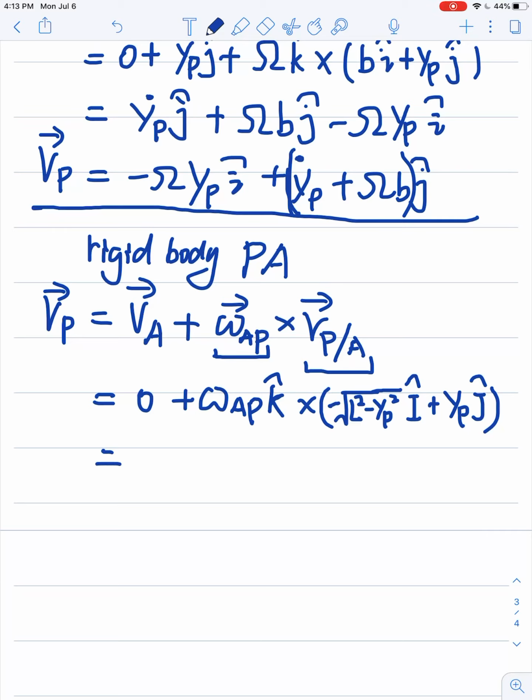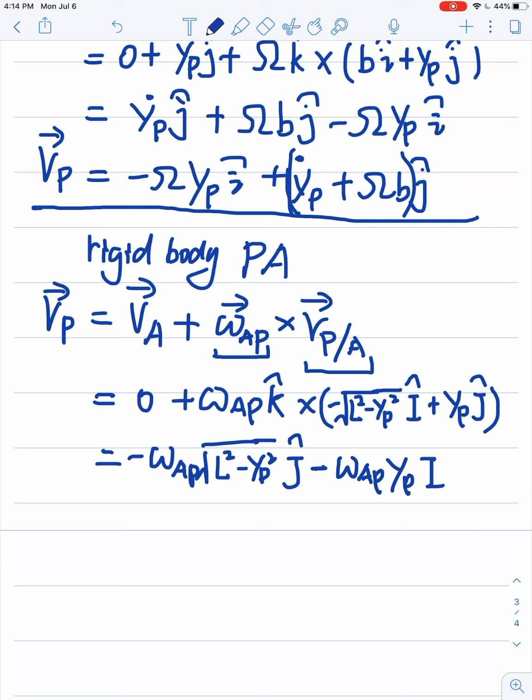All right, let's keep working on this. Let's do the cross product. K cross I gives you positive J, so here we end up with omega AP times square root of L squared minus YP squared, and that's our big J. For the second term, K cross J gives you negative I, so we have negative omega AP YP big I. Now we can see that VP is written as a vector in terms of big I plus big J. Let's rearrange this and put I in the front.